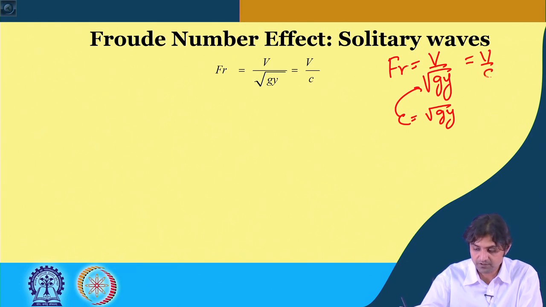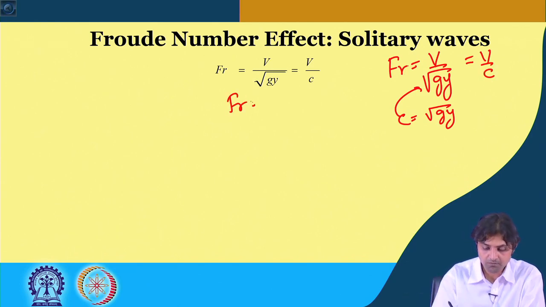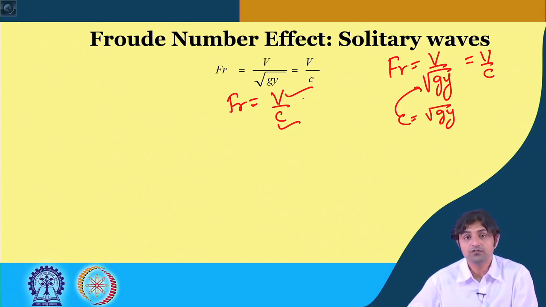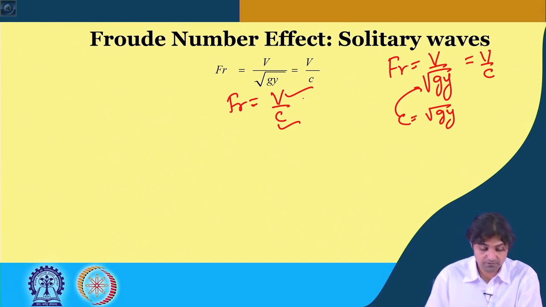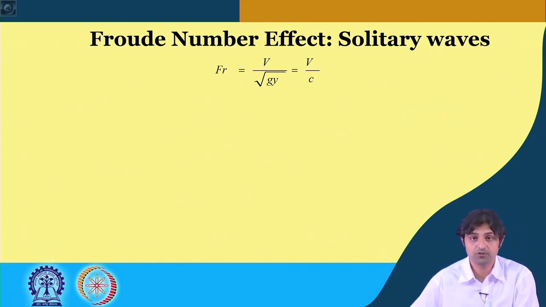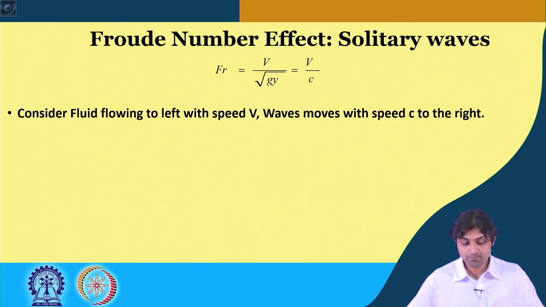So, we can write v by c. So, Froude number for solitary wave is v by c, where c is the speed of the wave, and v is the velocity of the fluid, which will be definitely different from the wave speed, all right.